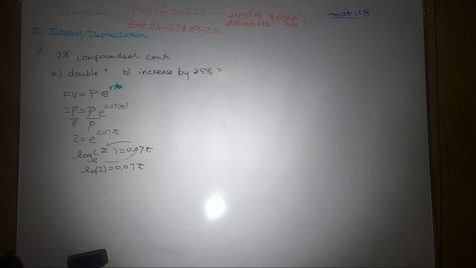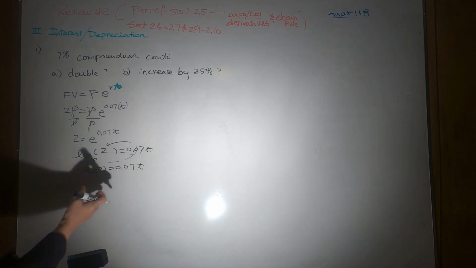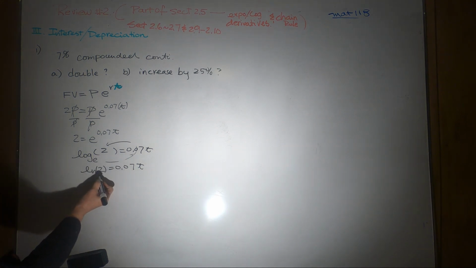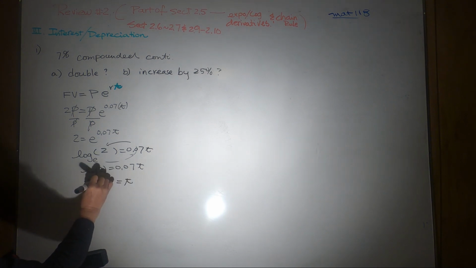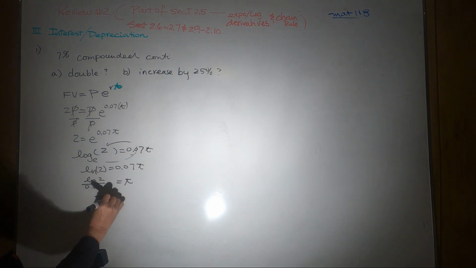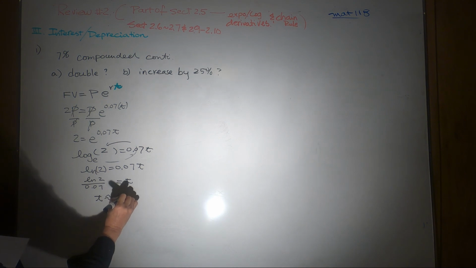So how do you solve for t? You plug into the calculator natural log 2 divided by 0.07. So your t is about this one. Oops, 9 point something, you do it, right?